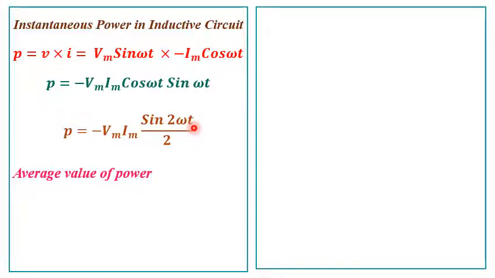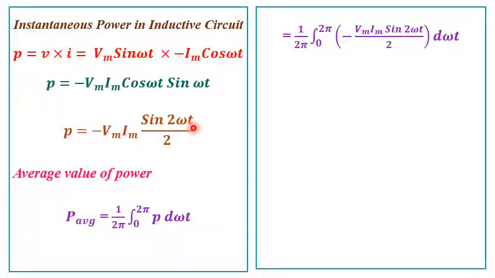Now power consumed is actually the average value of power. So P average equal to 1 by 2 pi integral 0 to 2 pi P d omega t. Substituting for the instantaneous value P and integrating, we will be getting 1 by 2 pi Vm Im by 2 cos 2 omega t by 2, limits 0 to 2 pi.